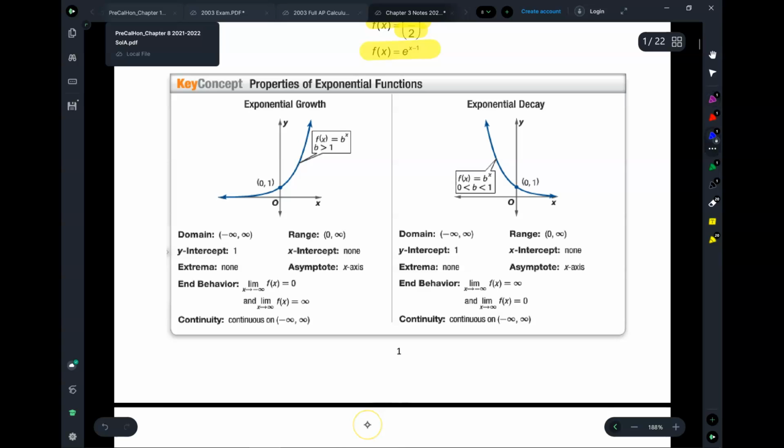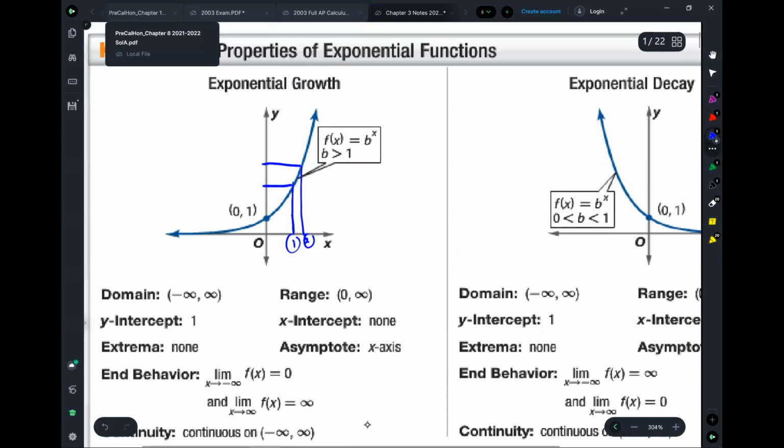So the idea behind exponential growth is, look, this is one x value, this is the y value. Now if I go to another x value really close by, look at how much higher the y value is. So that's exponential growth, okay?